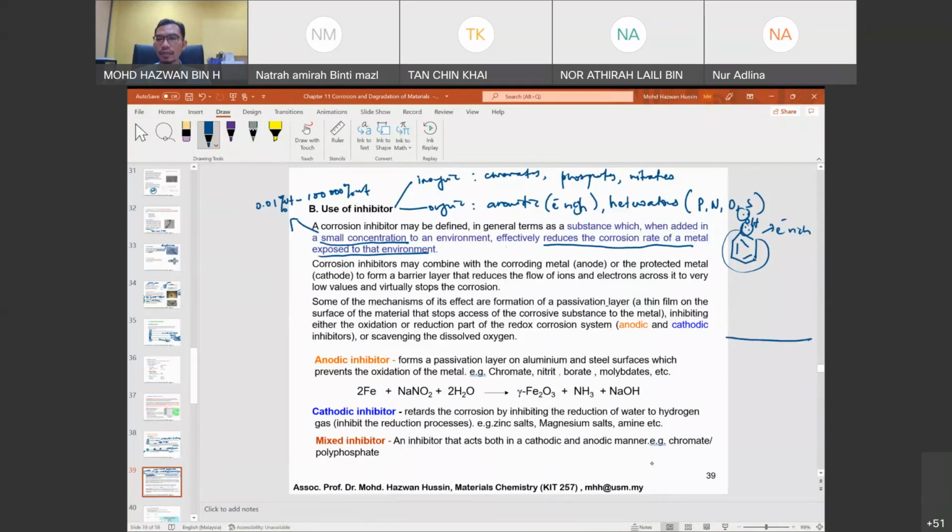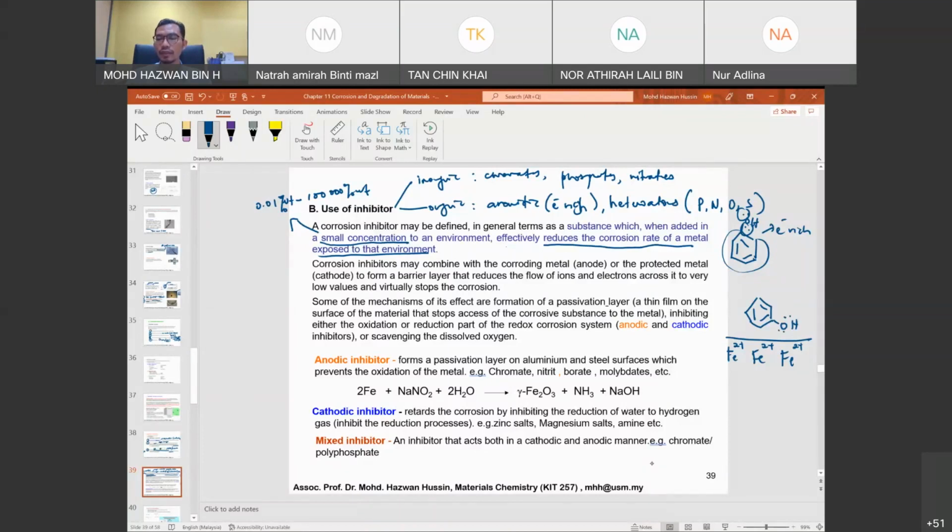For example, if you have a metal surface of iron, when iron oxidizes, it becomes iron 2+, isn't it? So if you have phenol, for example, added into the environment, the phenol can easily interact because you have OH, and 2 electrons have been removed from the d orbital of iron.